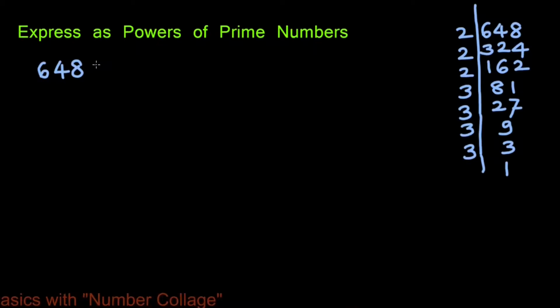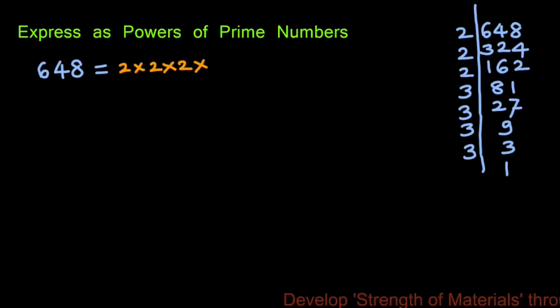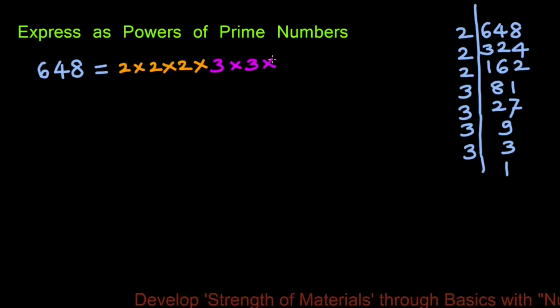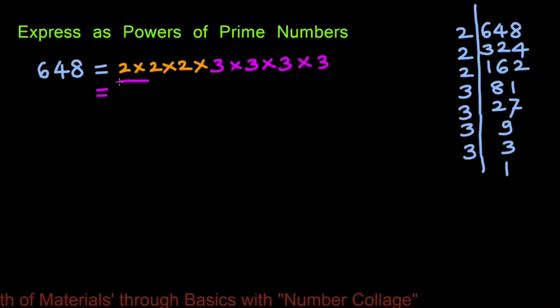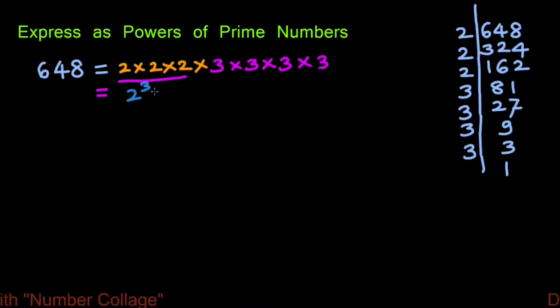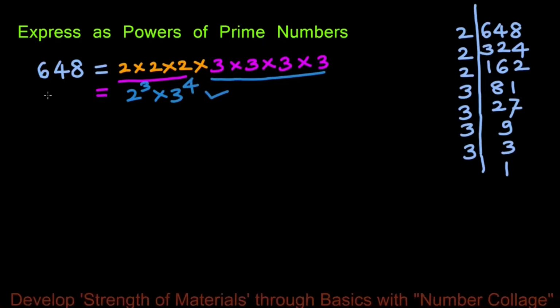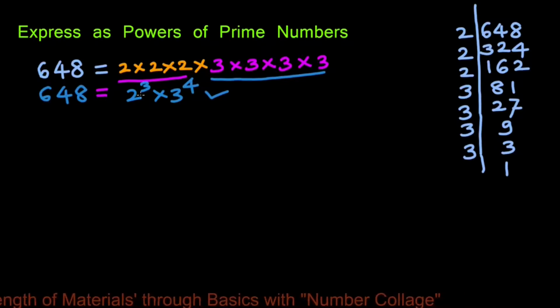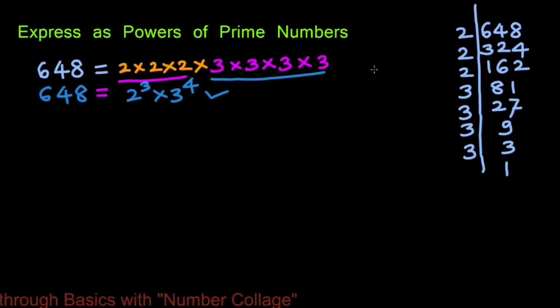So 648 will be equal to 2 multiplied by 2 multiplied by 2, then multiplied by 3 multiplied by 3 multiplied by 3 multiplied by 3. 2 is multiplied 3 times, so it will be 2 cube multiplied by, here 3 is multiplied 4 times, so it will be 3 raised to 4. So 648 is 2 cube multiplied by 3 raised to 4 in the powers of prime numbers.